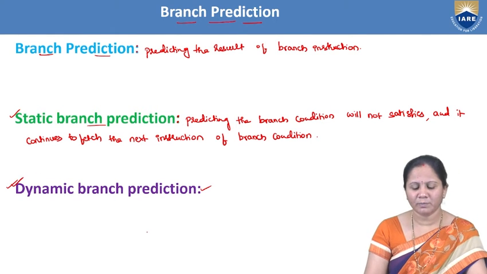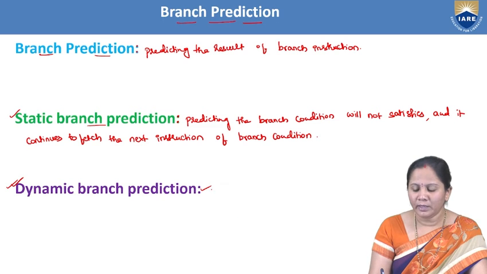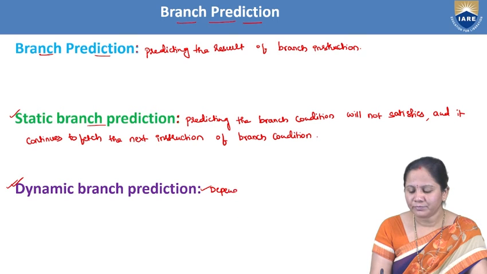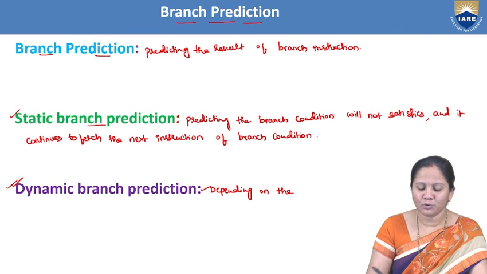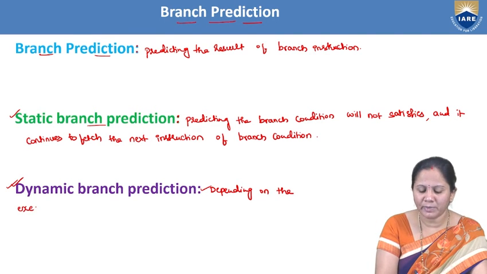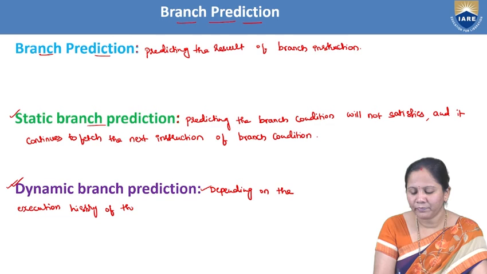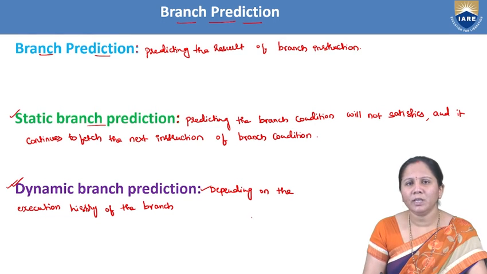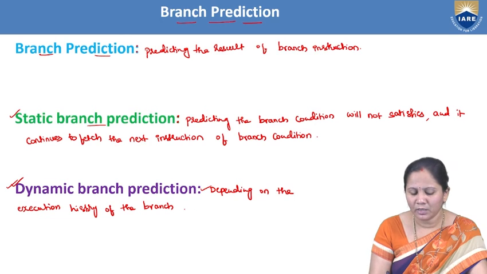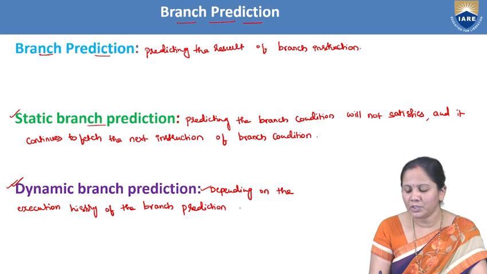dynamic branch prediction means, here, depending on the execution history bits, the execution history of the branch, the prediction decision changes.